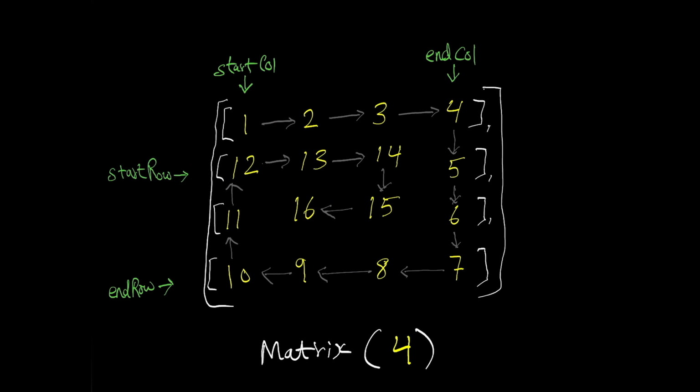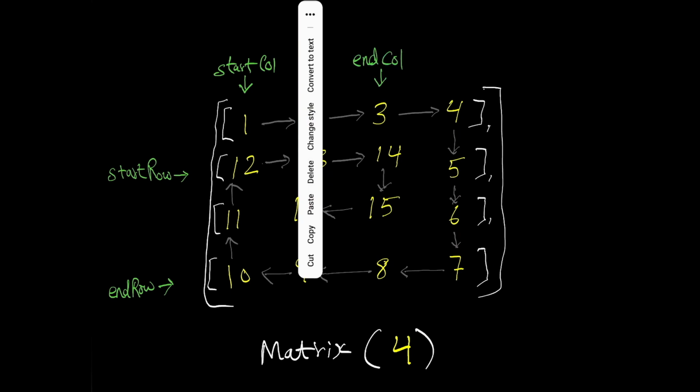And then we would need another loop that would go from start row to end row, and that would take care of the right side, the right column, right? And once we do this, we decrement the end column. It will come over here.